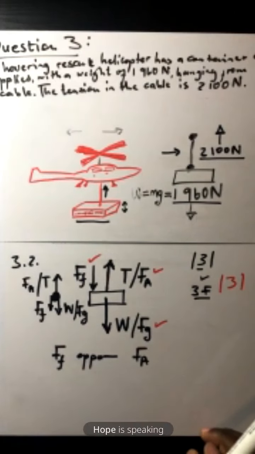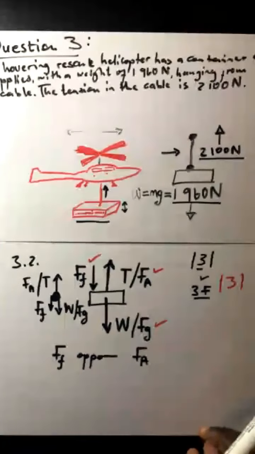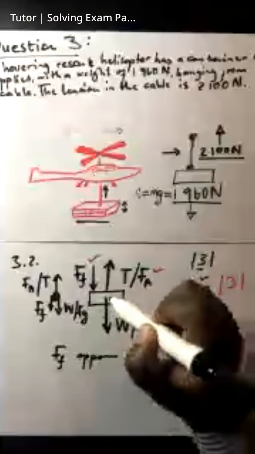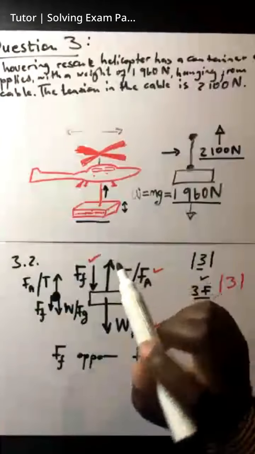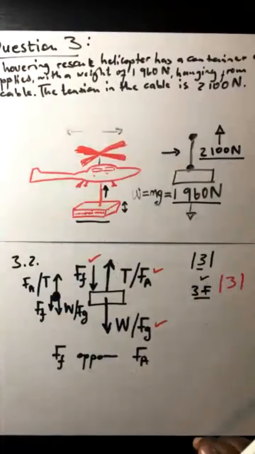Sir, can I ask a question? Mm-hmm. If the forces don't balance, so there's no friction? No. If the forces are not balancing, then it means there is a frictional force.